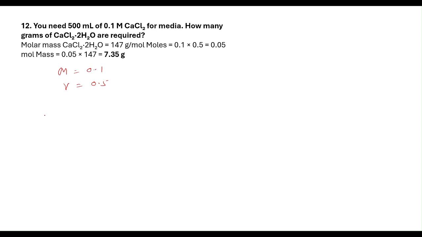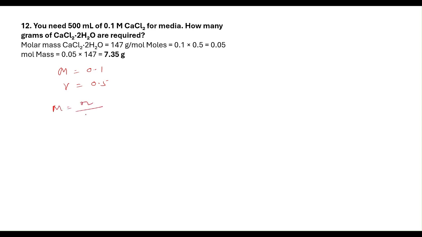So calcium chloride dihydrate is when you make calcium chloride, some of the water molecules get trapped. So you have to consider that water molecule which comes with the substance. That is part of the molar mass. So if we calculate the number of moles, we can calculate the mass required to make that solution. So let's write the equations.